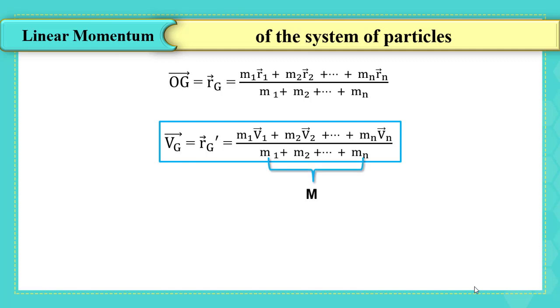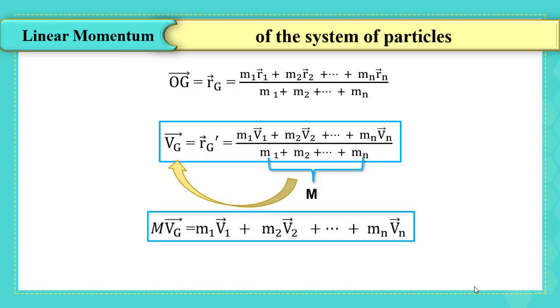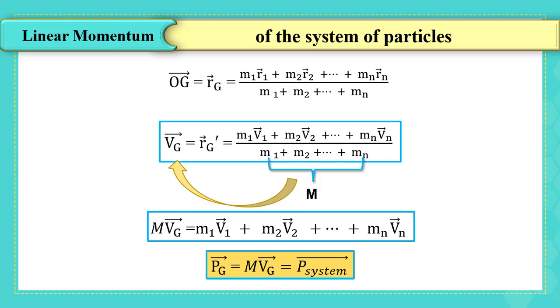The total mass multiplied by vg vector gives us the linear momentum of the center of mass, equal to the sum of the linear momentum of each particle. Thus, the linear momentum of the center of mass of a system of particles can be written as Pg vector equals m Vg vector, equal to the linear momentum of the system itself.